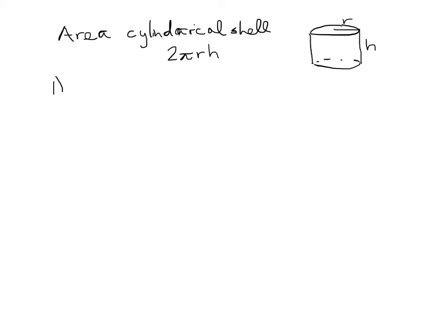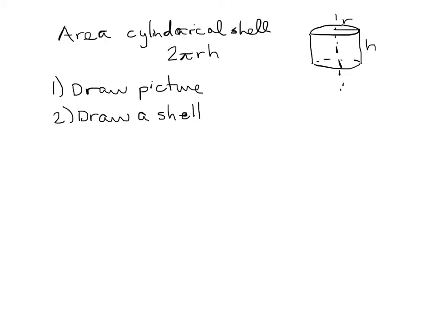So first thing, draw a picture. The second thing, draw a shell. Draw one representative shell. Now, you're going to draw the shell where the middle of the shell is going around the axis of rotation. So draw the shell, and then you want to figure out what you are integrating with respect to.